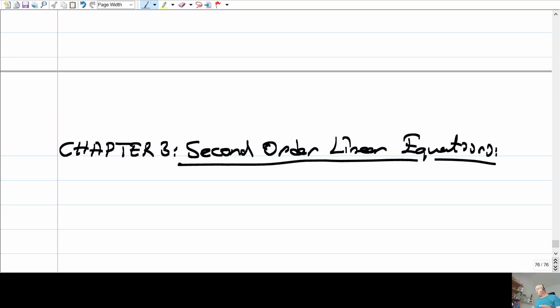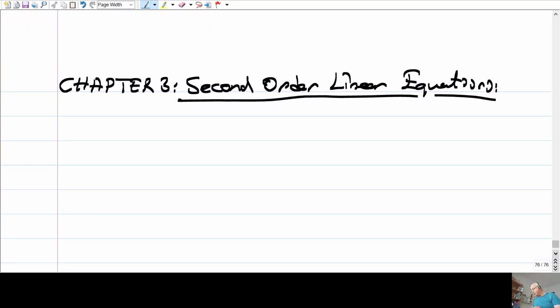Since we changed the order of the book, I first covered systems, right? Therefore, I will use the theory built there to study second order ordinary differential equations.